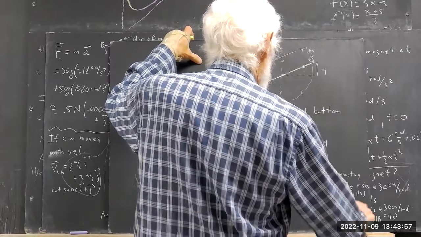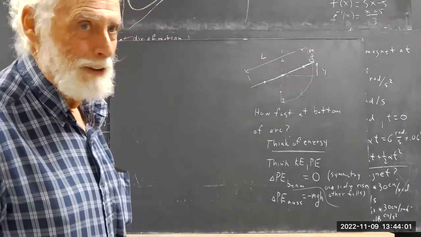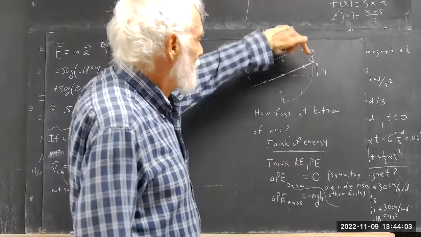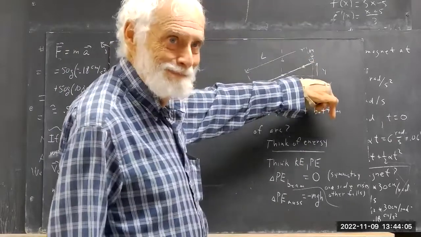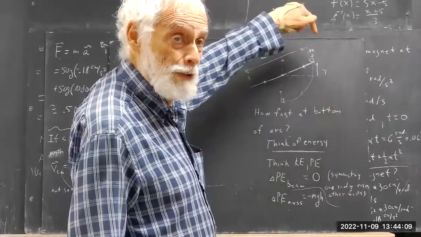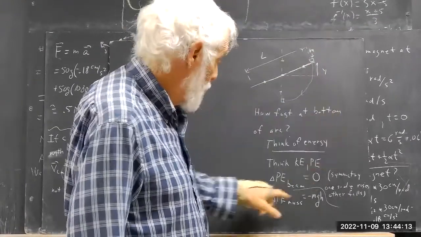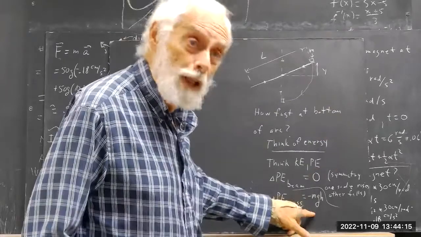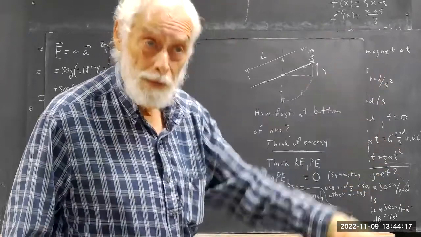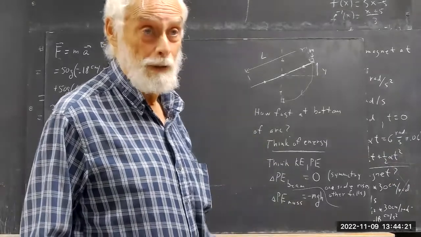And as much as I hate mgh, that's what it is. I like it because you say it's mg in this direction, gravity doing work in this direction, so gravity does work mgh. And potential energy change is equal and opposite to the work done by the conservative force. You should understand that.